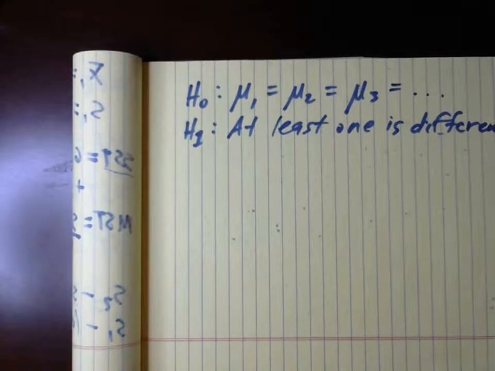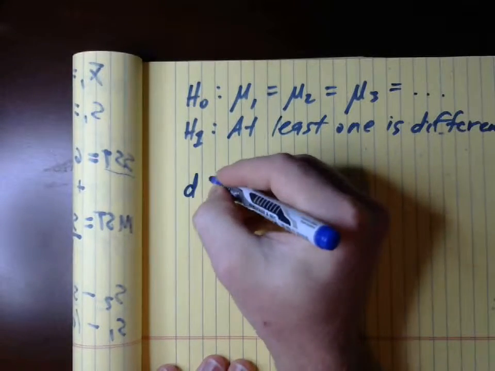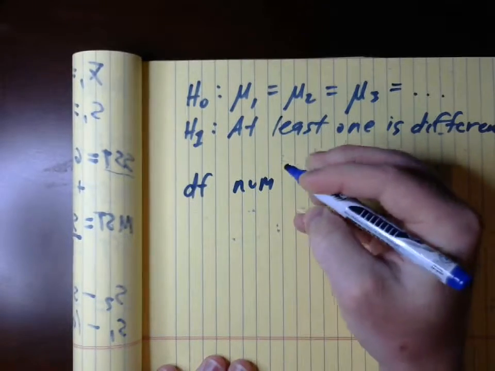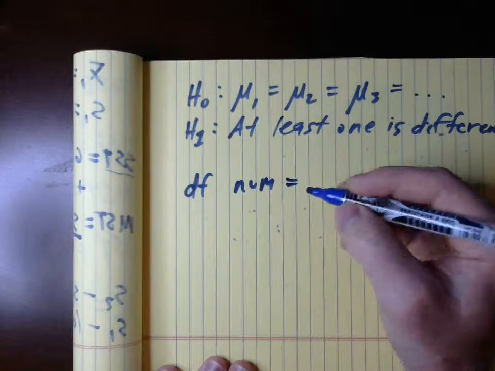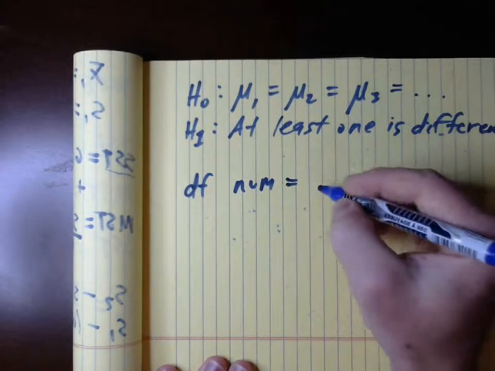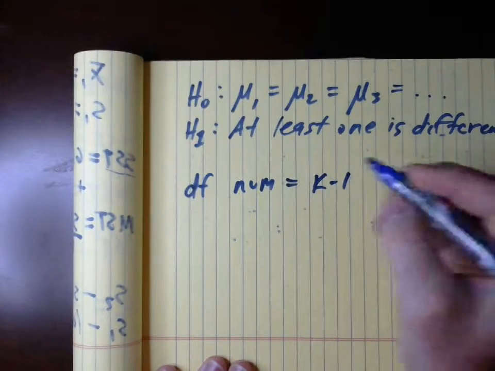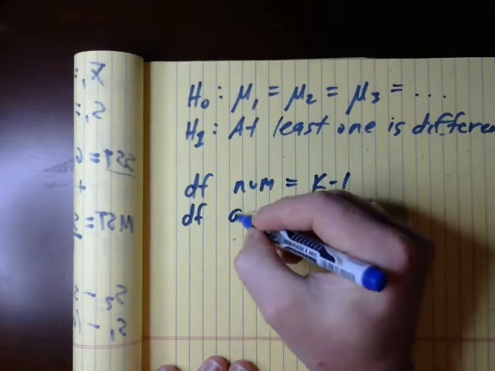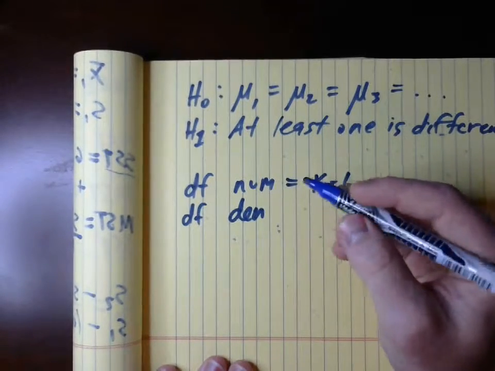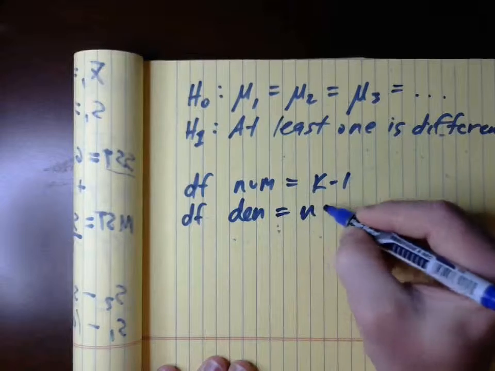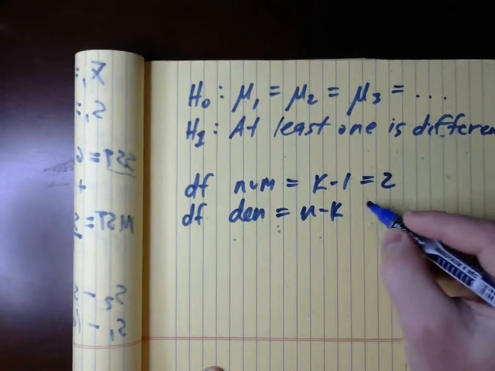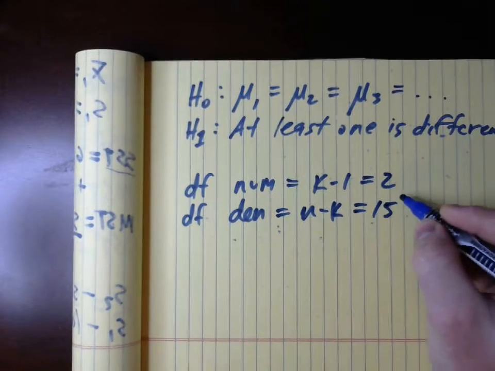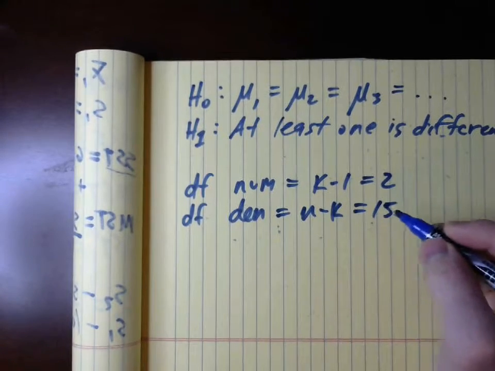The numerator degrees of freedom is based off the MST, so it is k minus 1. And then the degrees of freedom for the denominator would be equal to n minus k. So for our example, it was 2 and 15.